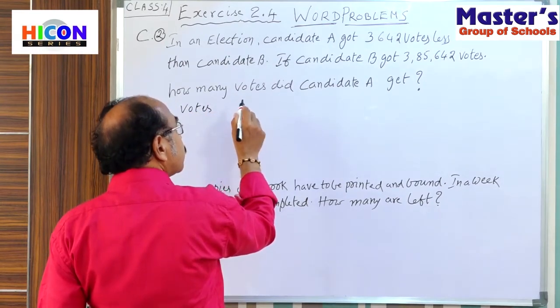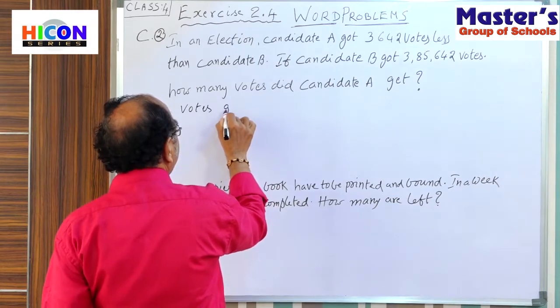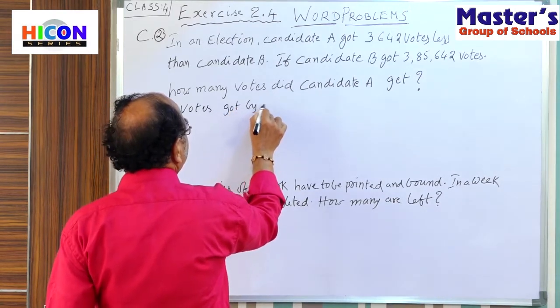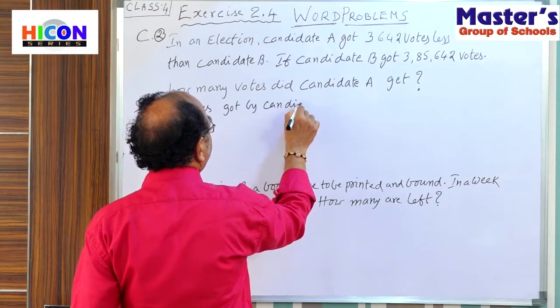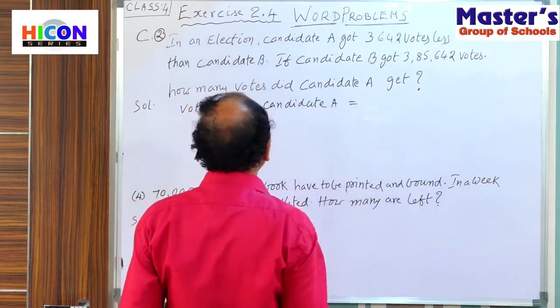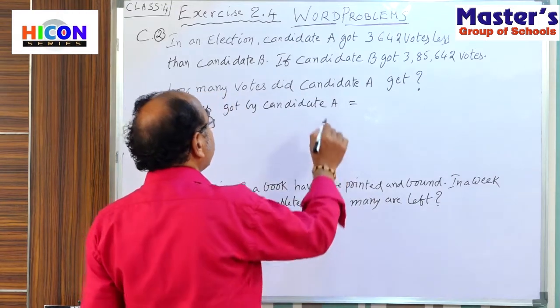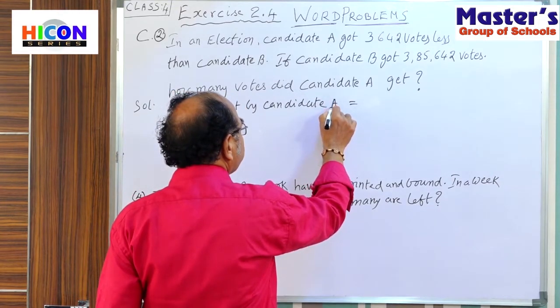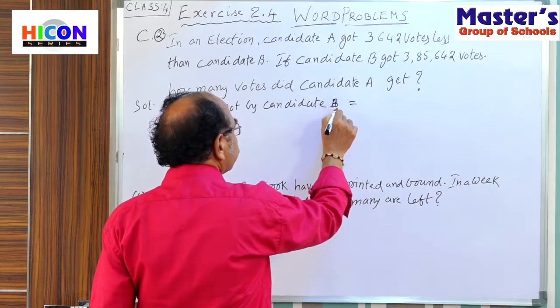Okay, so votes got, or secured also we can use. Votes got by candidate A. First of all, we mention B. Okay, children.